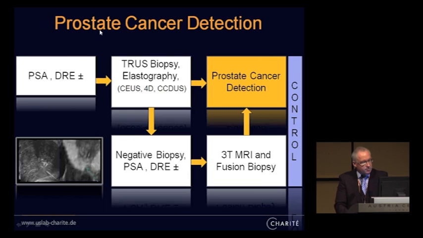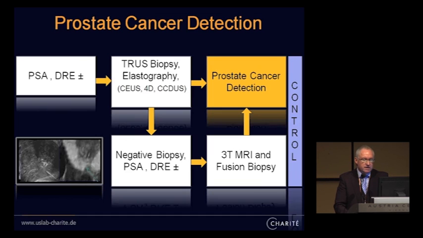If you have a very high PSA level or a positive finding in a digital rectal examination, of course you have to perform a randomized or standard biopsy based on transrectal ultrasound. In my opinion, it's very useful to use elastography too, because it's not time consuming and you have no additional costs. If you have a negative biopsy and, once again, an increase of the PSA level, you can perform a 3 Tesla MRI scan without an endorectal coil.